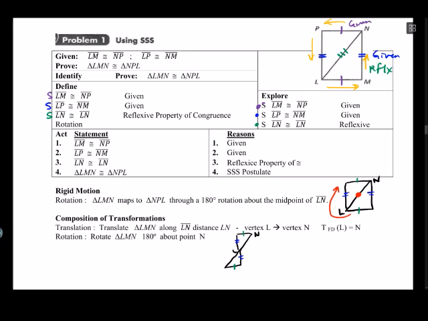And then we would rotate 180 degrees about point L, and the figures would map onto each other. Again, there are many different possibilities that you could do as combinations of transformations. Thank you, geometry. Many ways to get to the same answer.